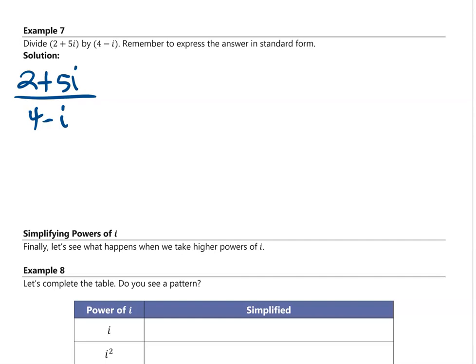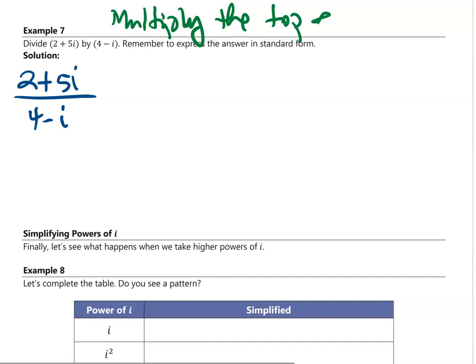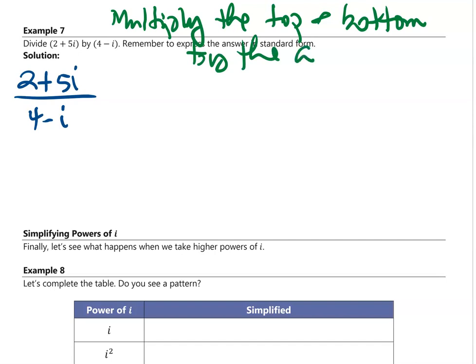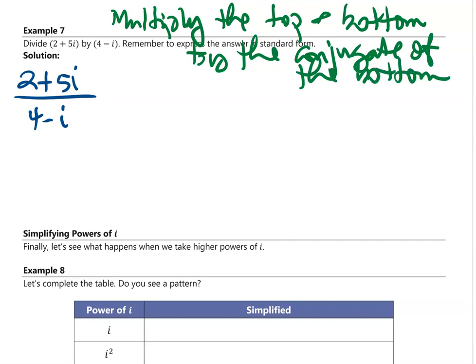To rationalize, when we divide this, we multiply the top and the bottom by the conjugate of the bottom. So multiply the top and the bottom by the conjugate of the bottom.